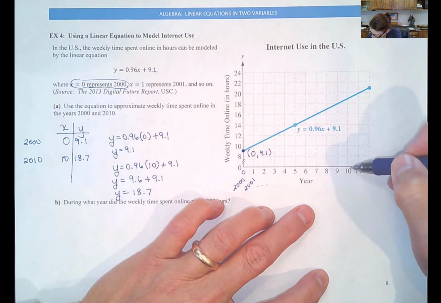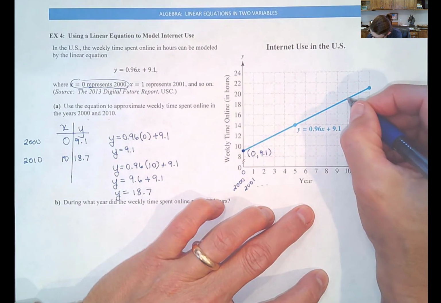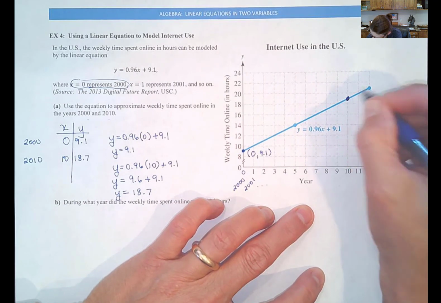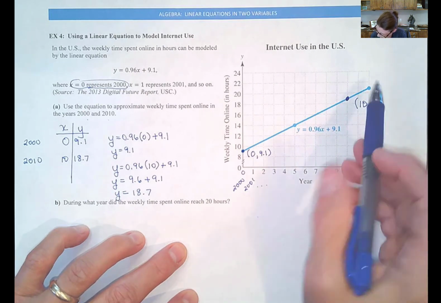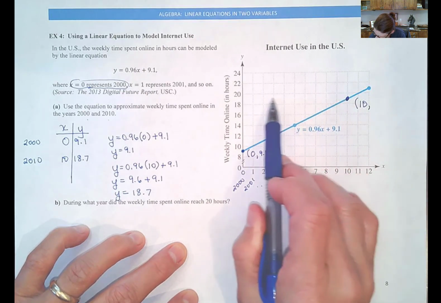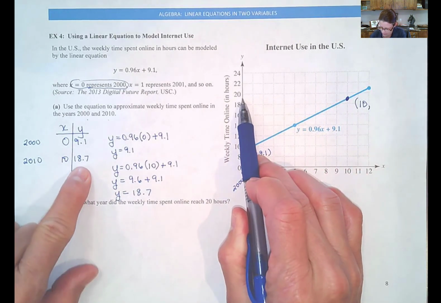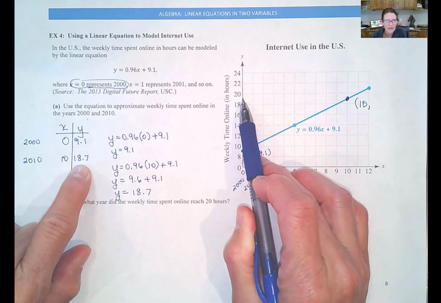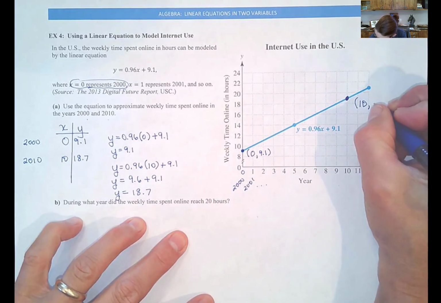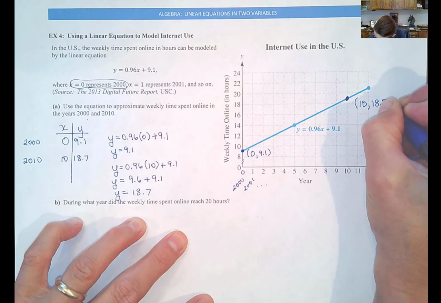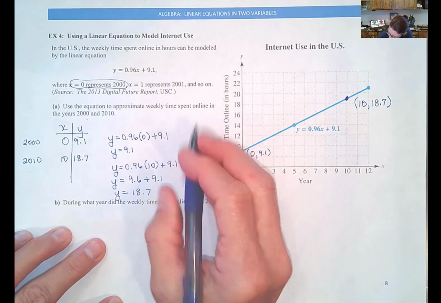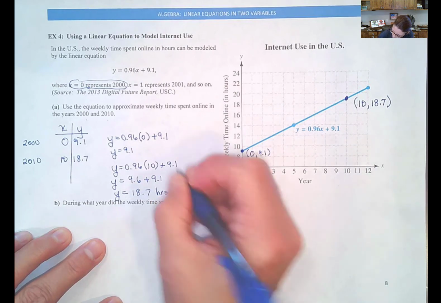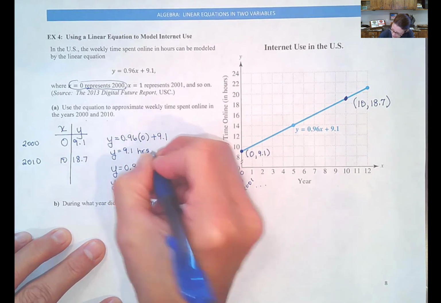So in the year 2010, using 10 for x, then the corresponding value for y was, yeah, looks about right, about an 18.7. Okay, and that's 18.7 hours, isn't it, if we want to put our units in there, and 9.1 hours.